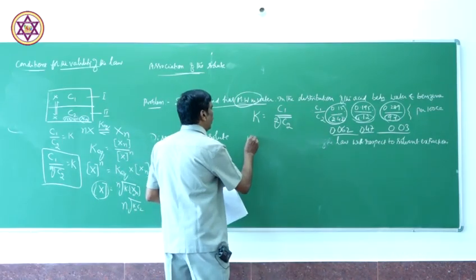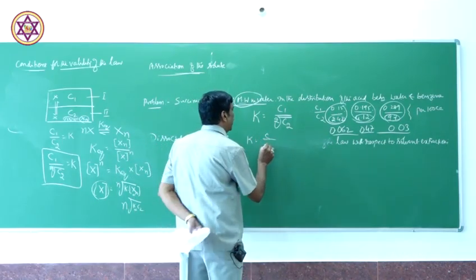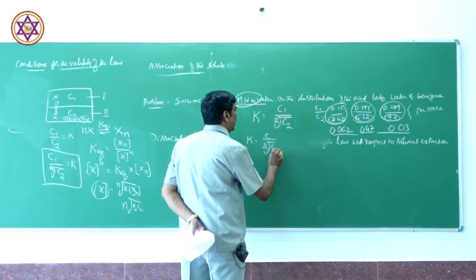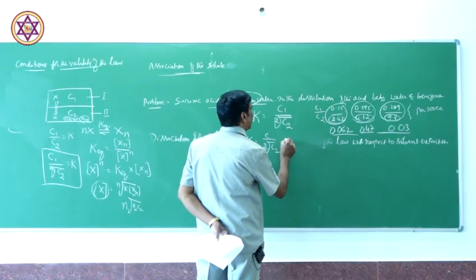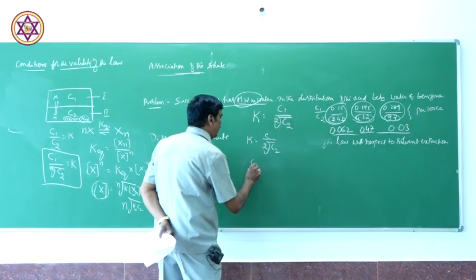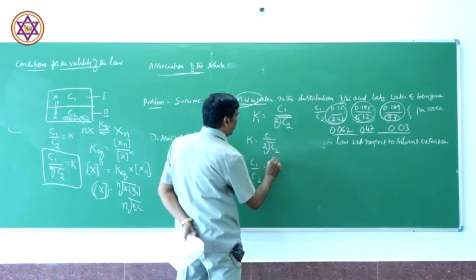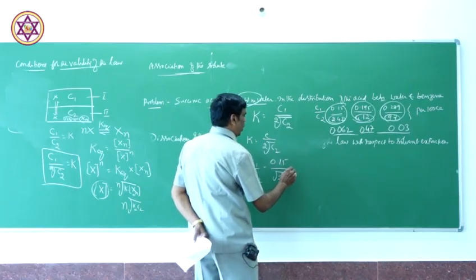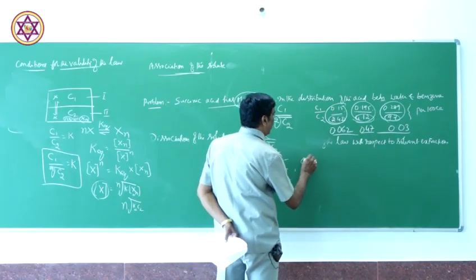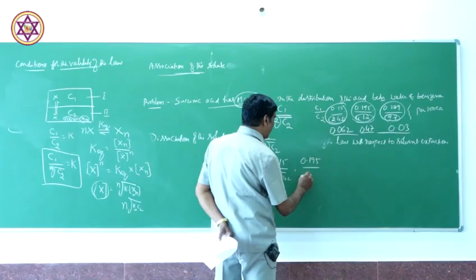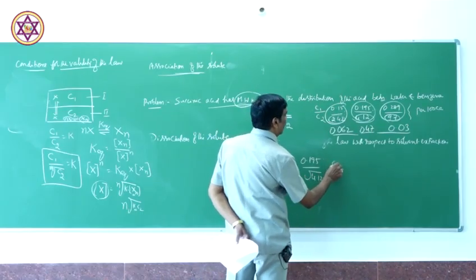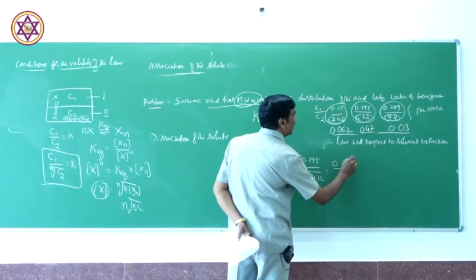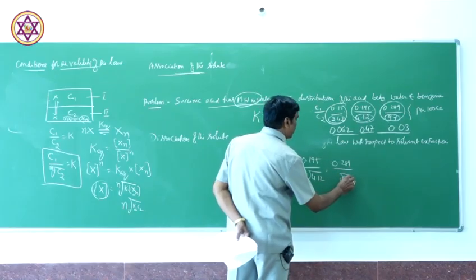K is equal to C1 by square root of C2. If you take that, it is 0.15 divided by square root of 2.42, 0.195 divided by square root of 4.12, and 0.289 divided by square root of 9.7.